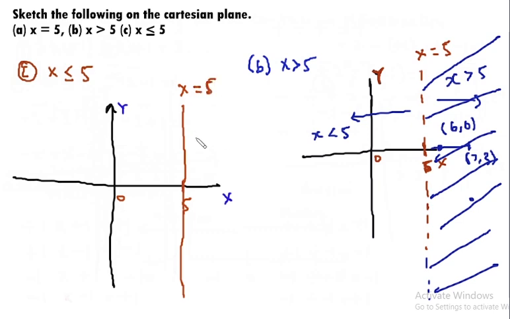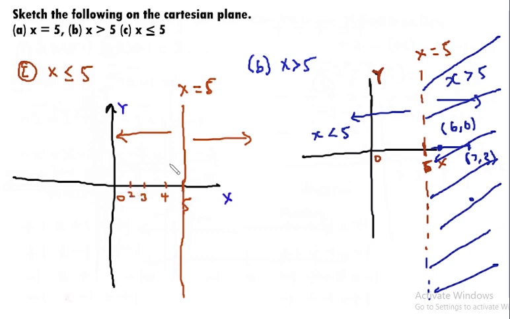And there are two sides. This line divides the plane into two sides. This side and this side. Which of the sides, if you pick any points, x will be less than or equal to 5? If you notice, this side is 4, 3, 2, and then smaller numbers.